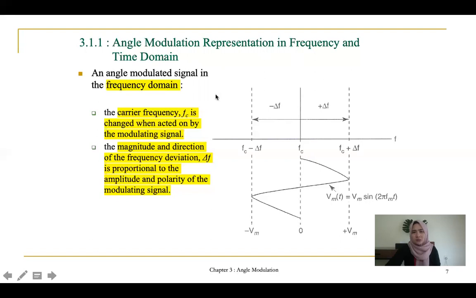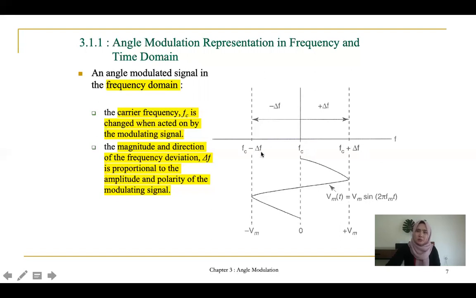This is the frequency domain, the signal in terms of frequency. We have the middle frequency FC, similar to amplitude modulation. And then over here we have FC plus delta F and FC minus delta F.